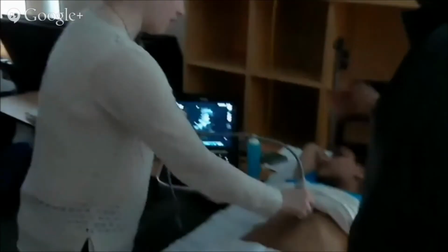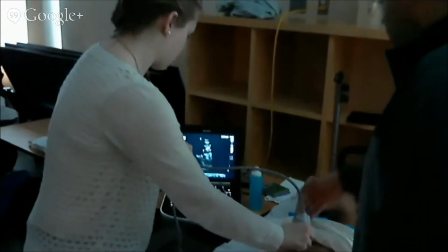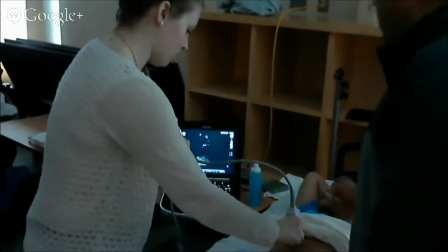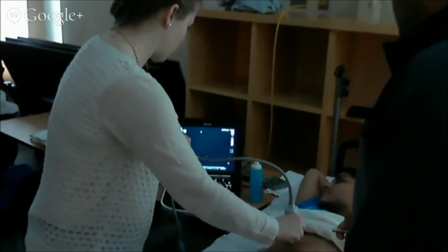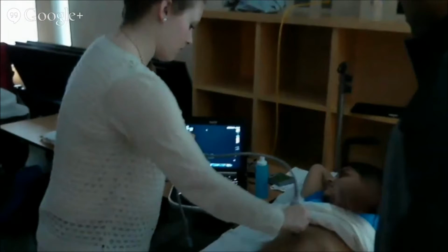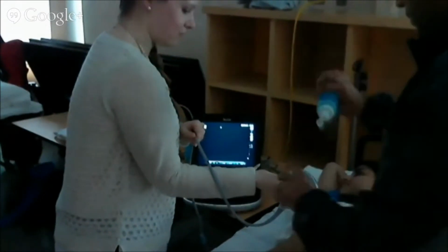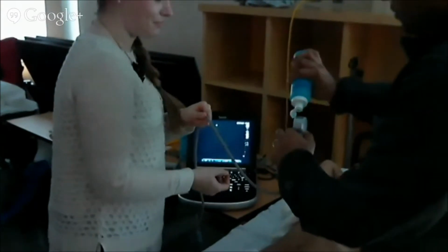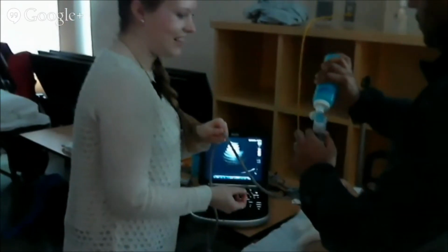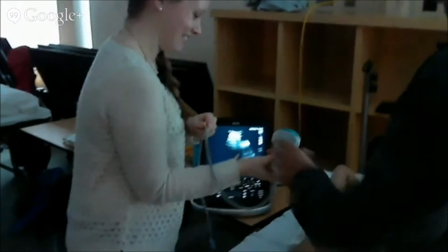So what you're going to do is start sweeping towards the right. Yep. Just make sure you follow it. So this one, you have the right idea. Okay, just follow her rib.